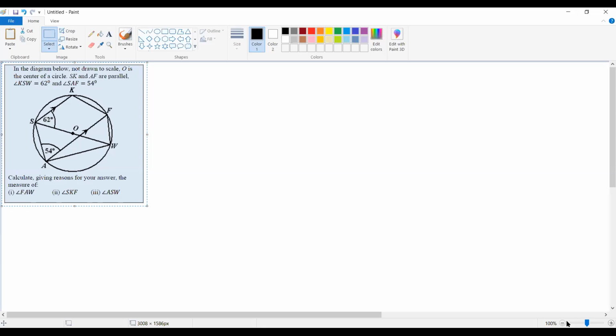It doesn't have any 90-degree angles in this, right? So I get 212.